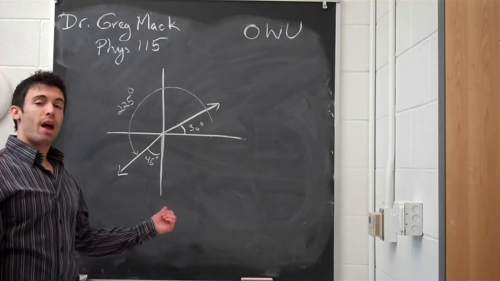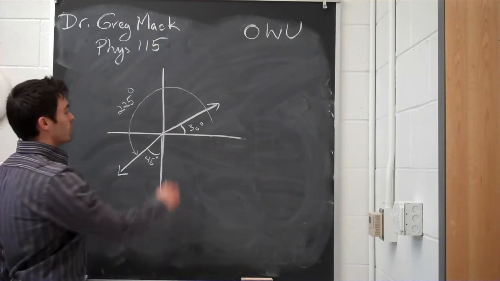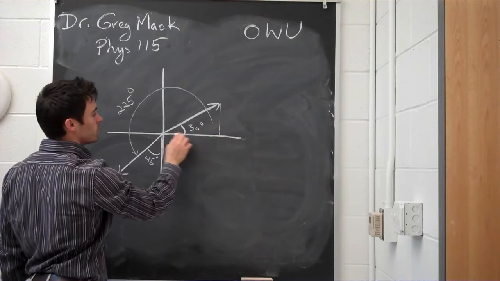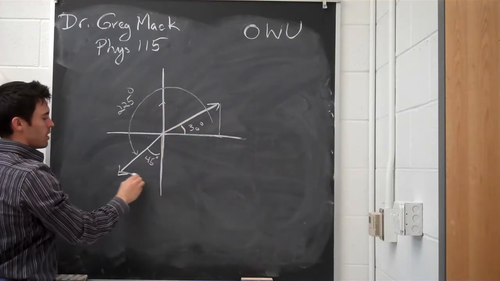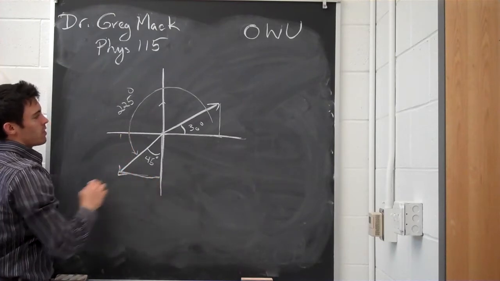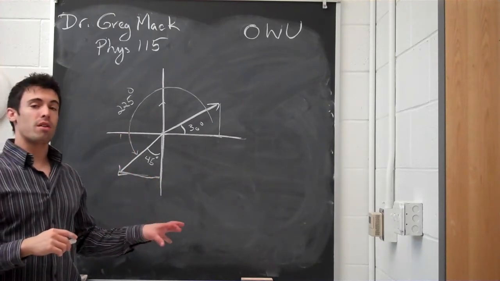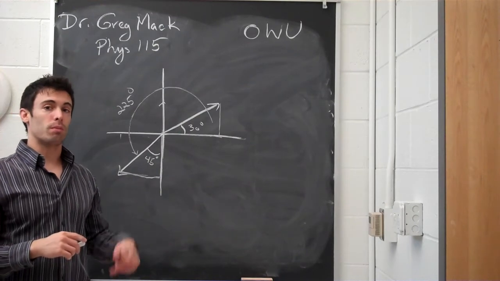And you wanted to know what happened when you added those two things together. You'd have to look at the x component of this one and the y component of this one, and compare that to the x component of this one and the y component of this one, add them together, the x's and the y's, and then use the Pythagorean theorem to combine them again.